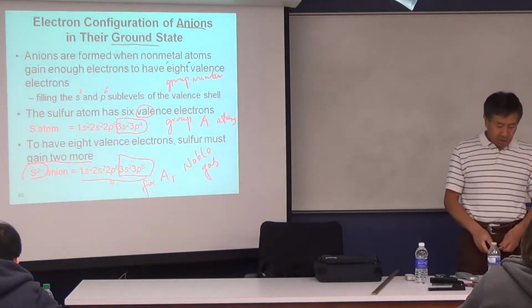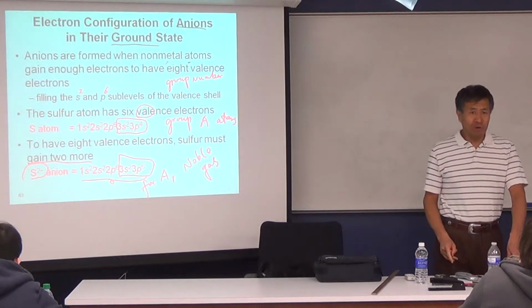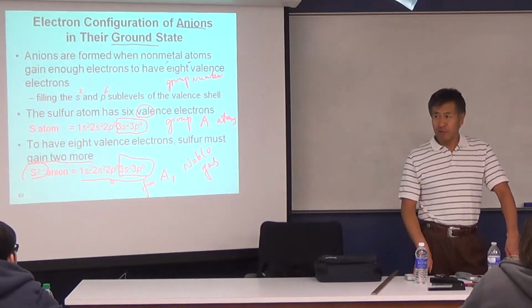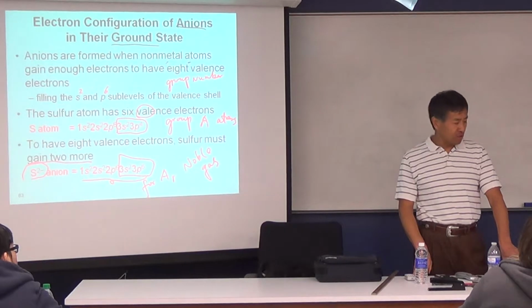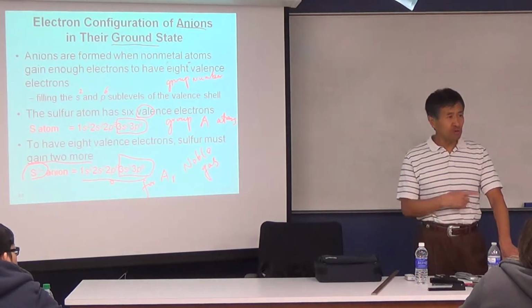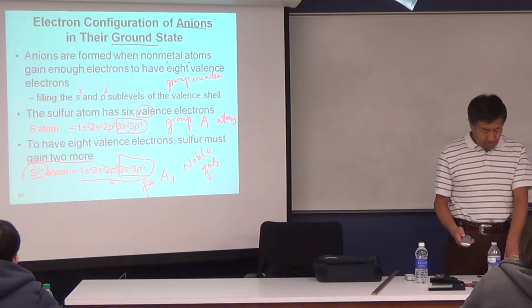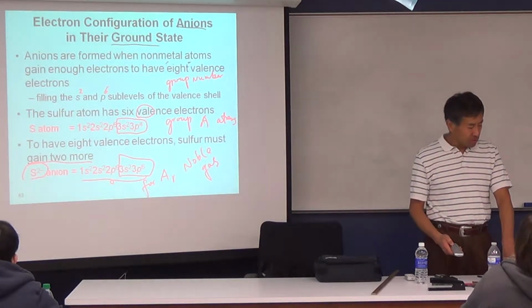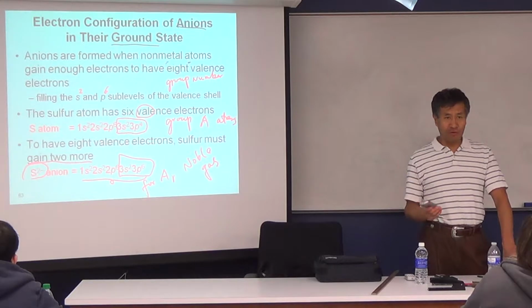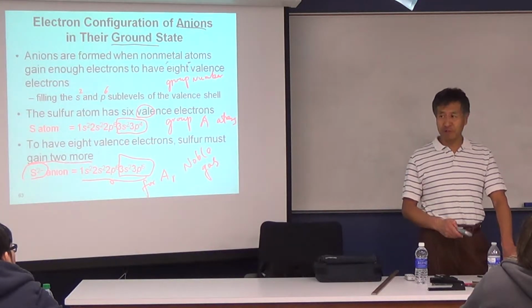So they try to be like a noble gas, even though sometimes it's really difficult for them, especially the transition metals. And if they can get into the configuration of a noble gas, they become very stable.